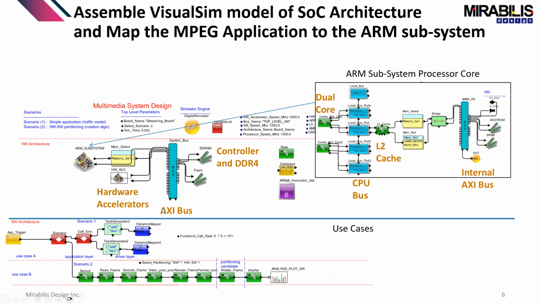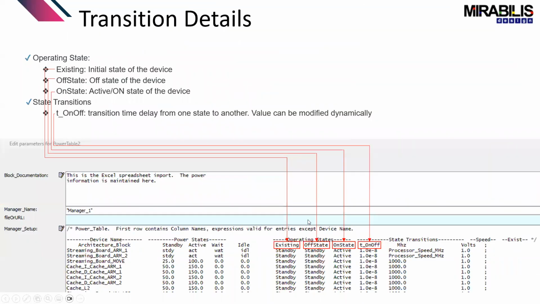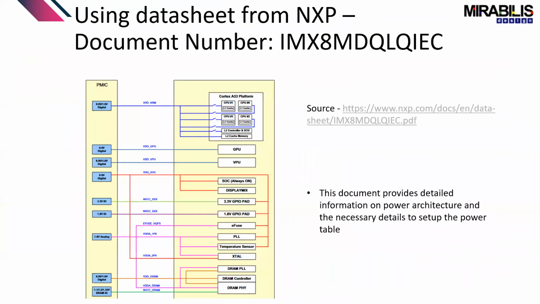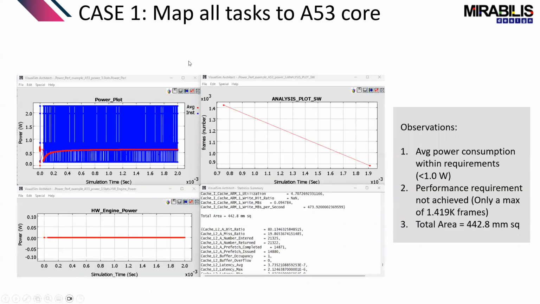So that is the first use case that is shown here. We mapped all the tasks to A53 core. As a result, we could see that the power consumption is within the requirements. Our requirement was that power should be less than 1 watt average power, and we achieve it because we can see the red dot in the graph is less than 1 watt.